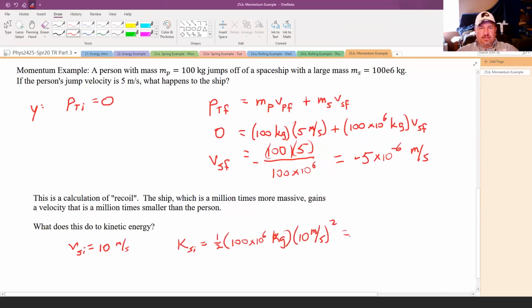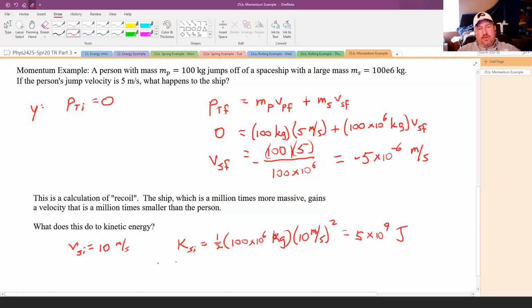So that is a lot. Times 10 would be 1 billion, times 1/2 is 500 million, times the second 10 is 5 billion. So that would be 5 times 10 to the 9th joules. One, two, three, four, five, six, seven, eight, 9 zeros, yes.